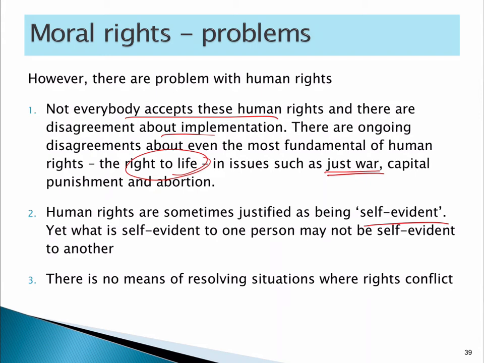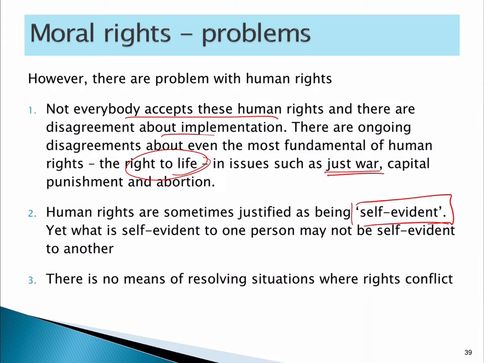So these things that may appear obvious may actually not be true. And in the same way, morality is bound in time and culture if we take it to be self-evident. So there are real problems if we rely on it being obvious that someone has a right.